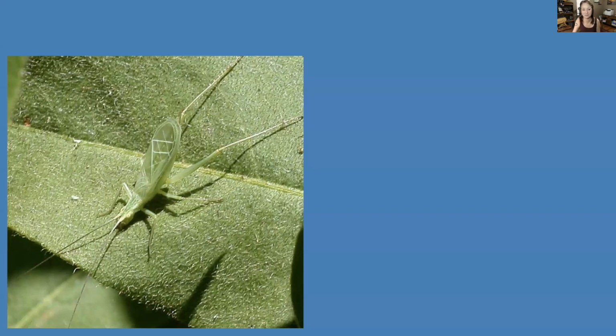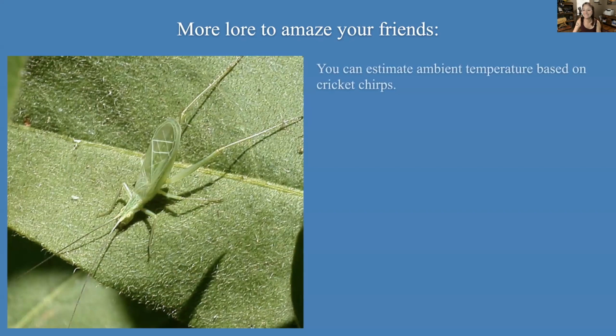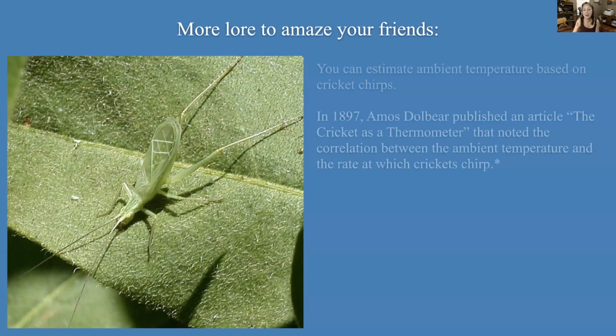Now, here's another fun one. More lore to amaze your friends. You can estimate ambient temperature based on cricket chirps. Yes, indeed. In 1897, Amos Dolbear published The Cricket as a Thermometer and noted the correlation between ambient temperature and the rate at which crickets chirp.